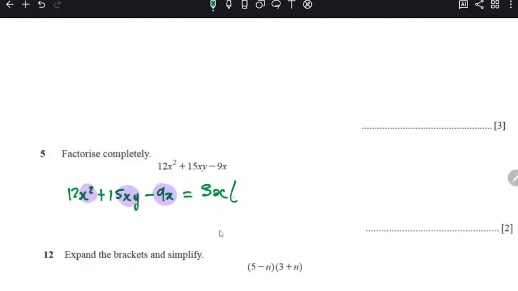Then we say 12 divided by 3, that's 4. X squared, remove 1, you get x. Plus 15 divided by 3, that's 5.